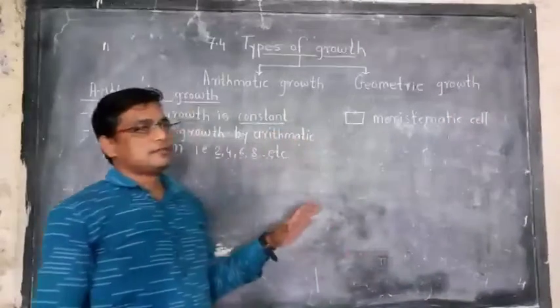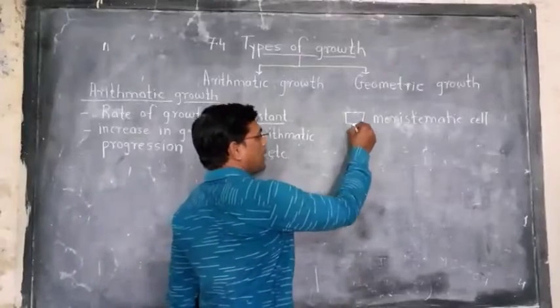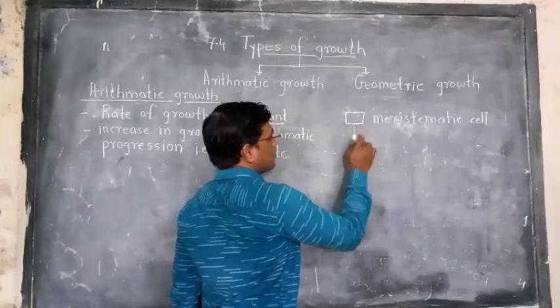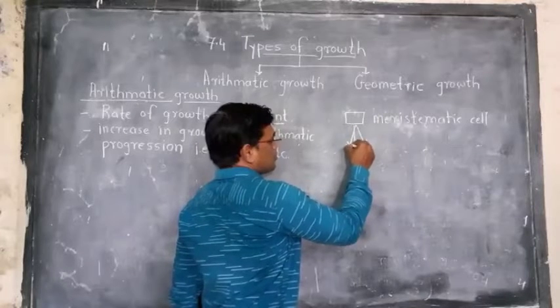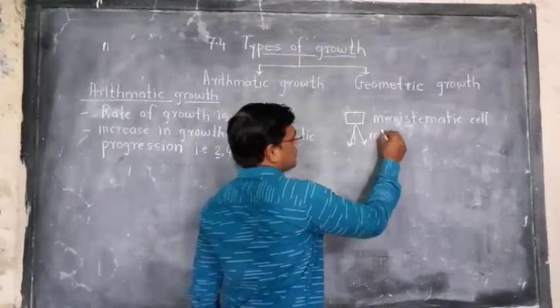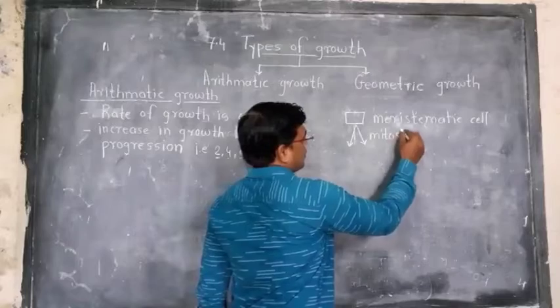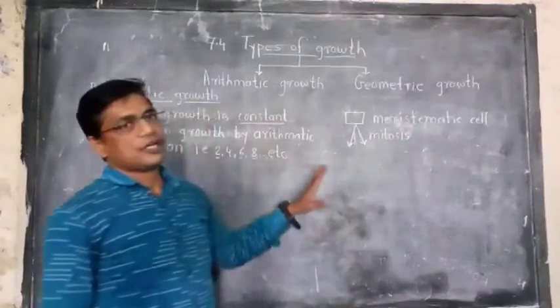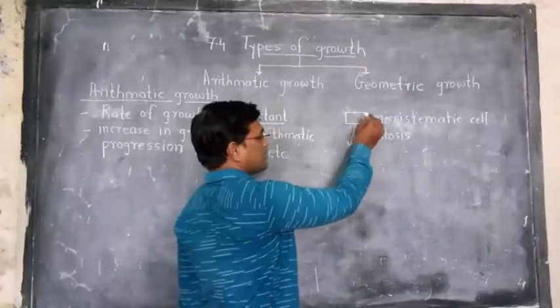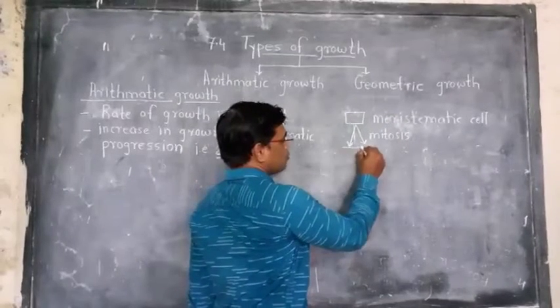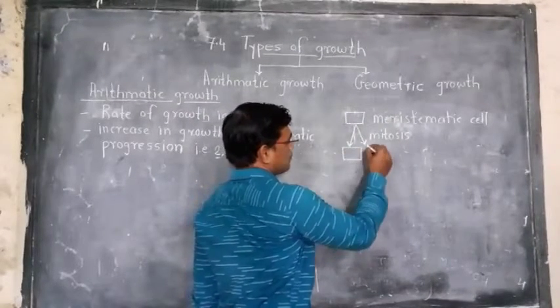When this cell divides by the process of mitosis, we know that in mitosis one cell gives rise to two cells. Here this meristematic cell gives rise to two cells.